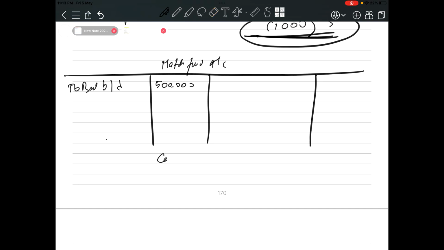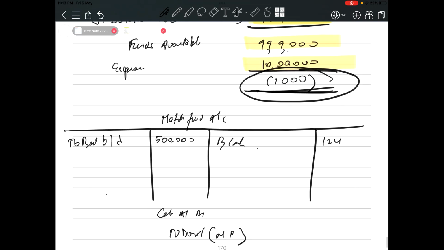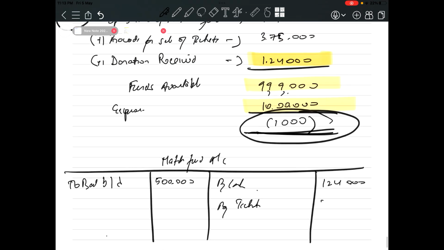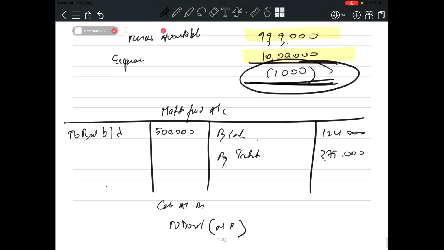So what will be the journal entry for donation? Cash is coming in, cash account debit. Okay, to donation, okay, to match fund account basically. So it will come at the credit side, okay, by cash. How much is the donation? 1,24,000. Again, sale of tickets will also come here. How much is the amount? 3,75,000, okay, and funds available is 5 lakhs.